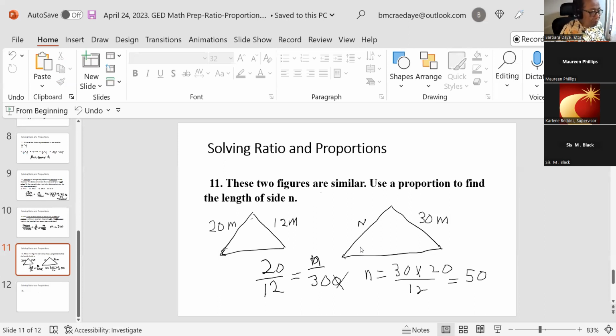If I see something like this, this is where you set it up, because the 20 is the same side as the N, and the 12 is the same side as the 30. It's not always like this because the triangle has three sides. It could be this side and this side. It doesn't matter. It's still in proportion. Got it? Yes, Miss Barbara.